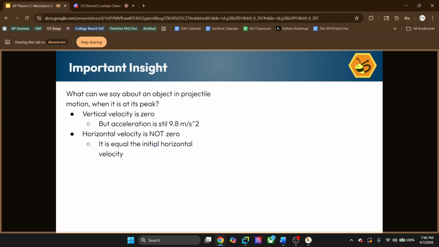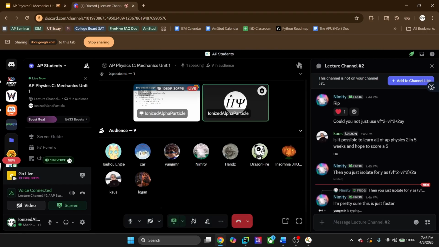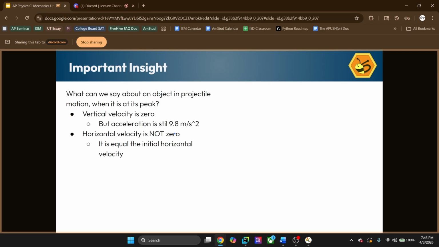Moving on, there is some important insight about projectile motion when the object is at its peak. The vertical velocity is 0, but the acceleration is still 9.8 meters per second squared. I've seen many of my friends get tripped up about when velocity is 0 and acceleration is not. They would say both Vy and Ay are 0, and that's just not true.